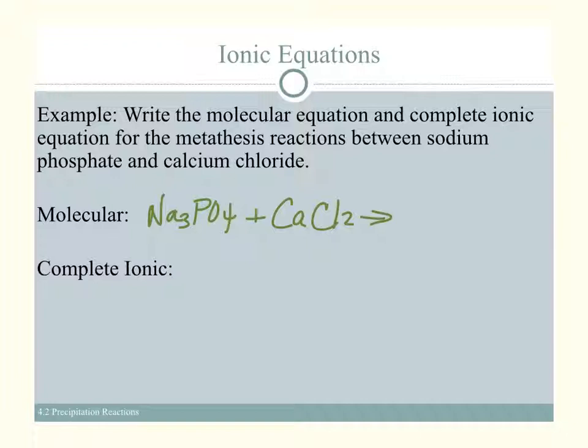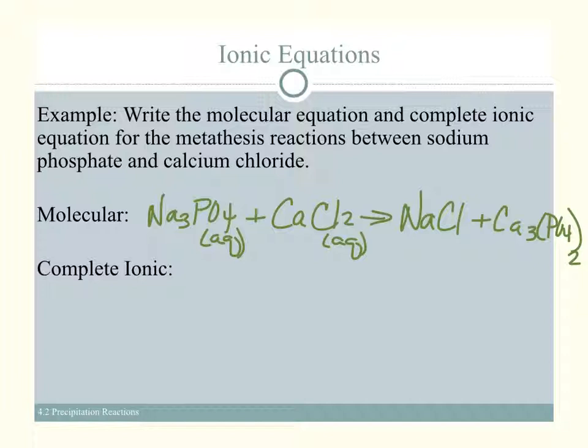So the Na is going to hook up with the Cl. That's a +1, -1 ratio, so NaCl. And then the Ca, which is +2, hooks up with the PO4, which is -3, so it becomes Ca3(PO4)2. Now, this is aqueous, this is aqueous, this is aqueous.